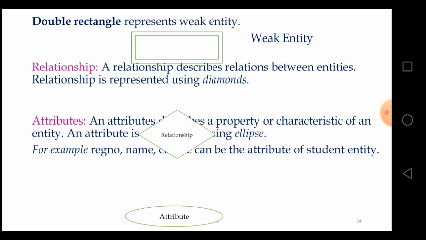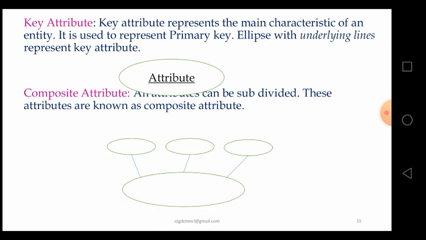Key attribute. A key attribute represents the main characteristics of an entity. It is used to represent the primary key. An ellipse with underlined text represents a key attribute. Next, another one is composite attribute.